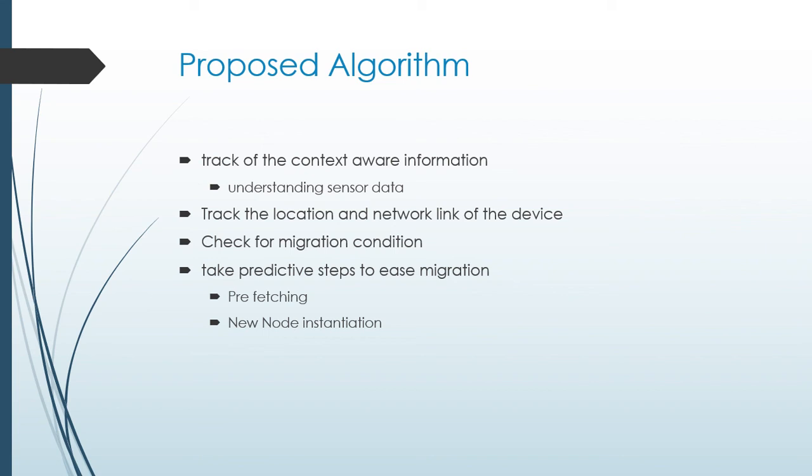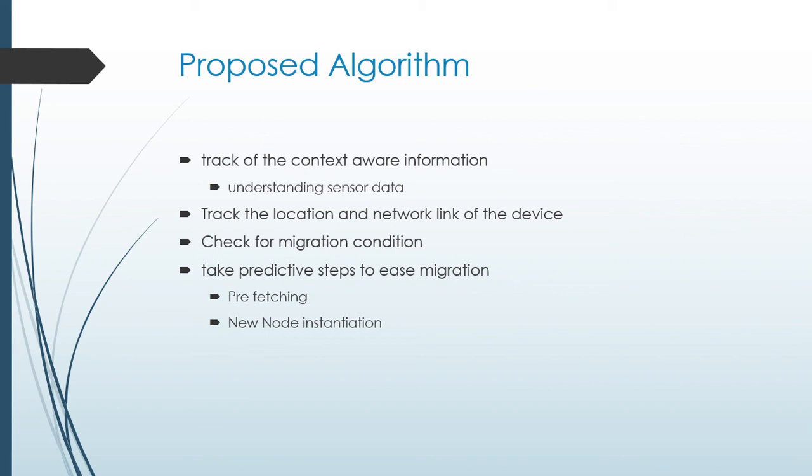How it works is the node tracks the current location of the device and keeps track of it continuously. And if it sees that the device is drifting away, we can see that it's going to migrate soon to another node. We can also look at the state of the network link between the device and the node.